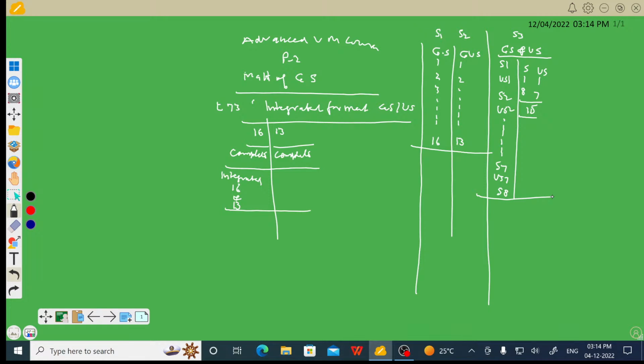Then after Sutra 8, straightway comes Sutra 9, followed by Upsutra 8, and likewise we proceed and reach up till Sutra 14, followed by Upsutra 13, and then Sutra 15 and Sutra 16.